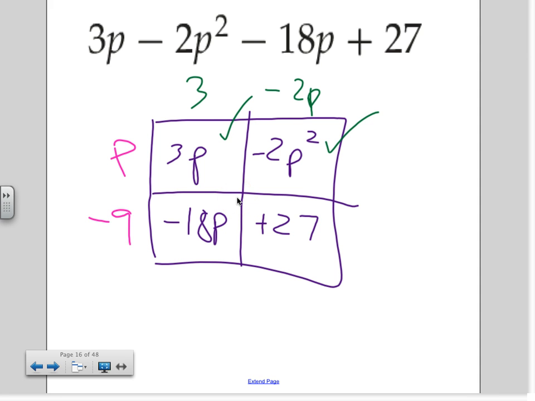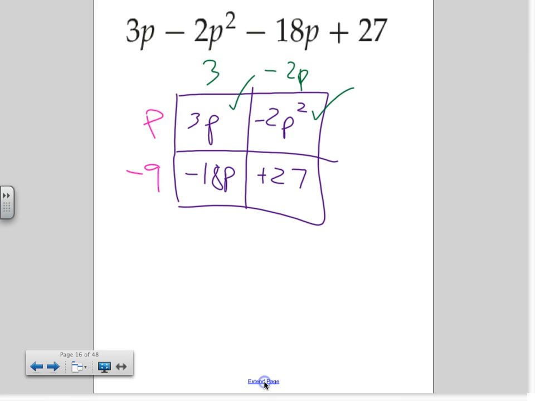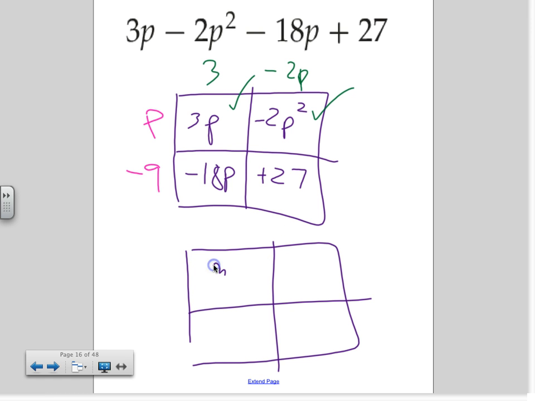So because it's out of place, I'm going to draw a separate box and show you what I'm going to do. It's a 3p, negative 2p squared, but because it's out of place, I switch. Here's a positive 27, and here's negative 18p. See that? Everything will remain the same on top.